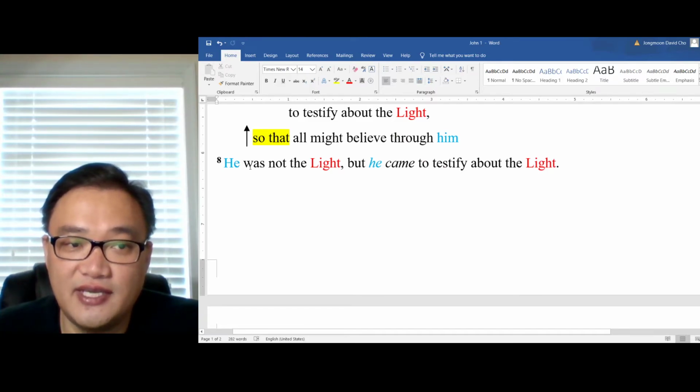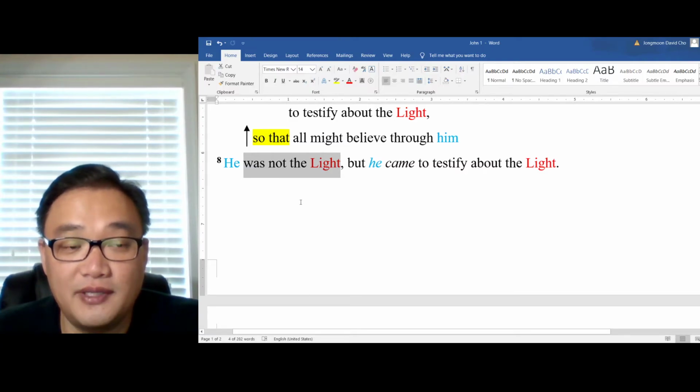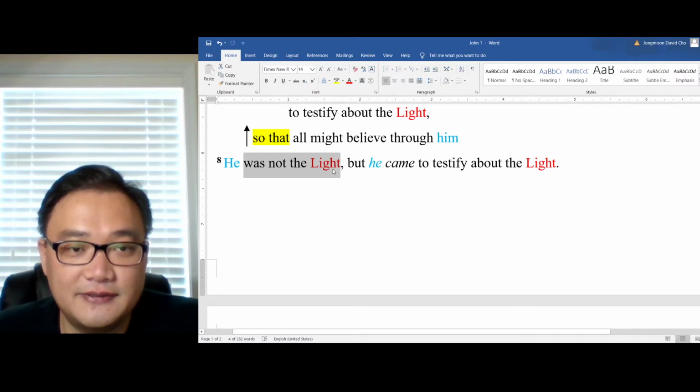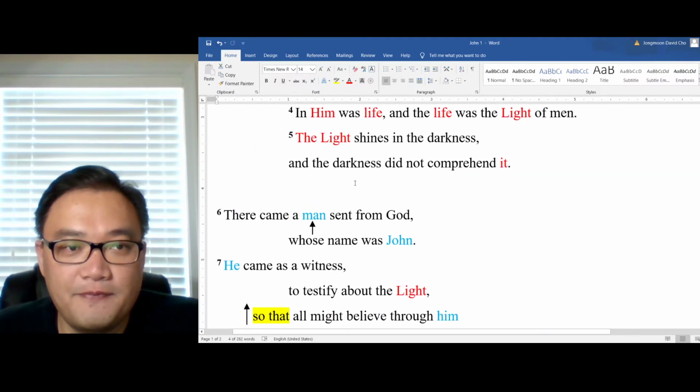Verse 8 says, he was not the light, but he came to testify about the light. He would be the main subject, and was not the light would be the verb and the important rest of the sentence, the predicate. And that's what we're looking for.